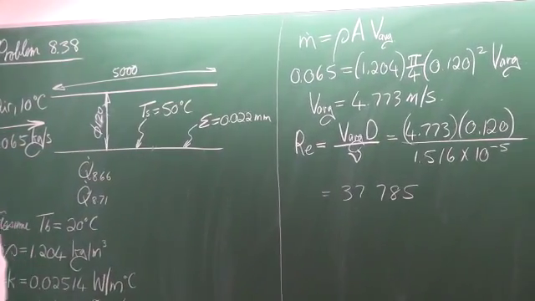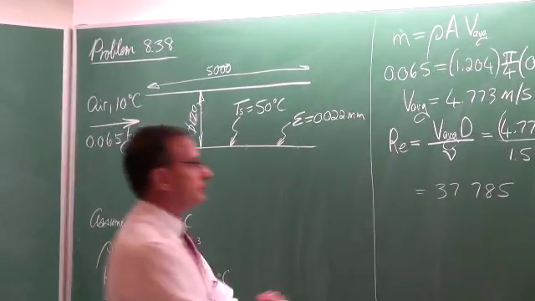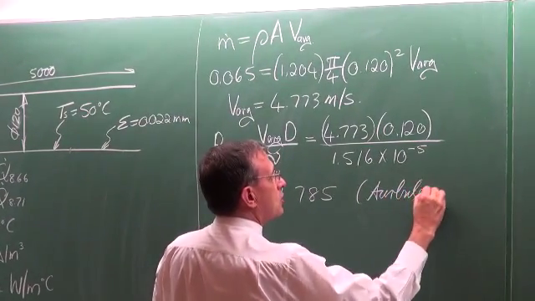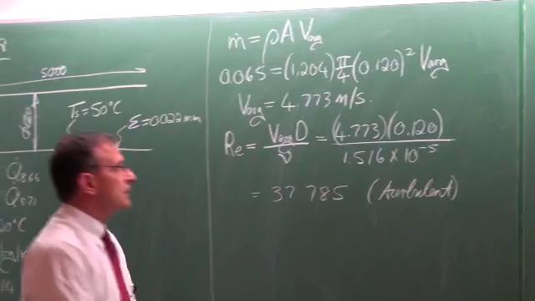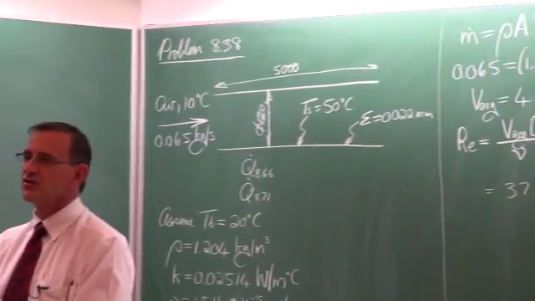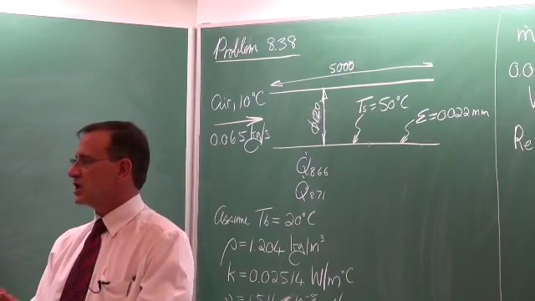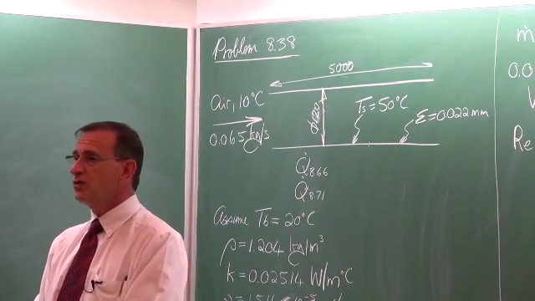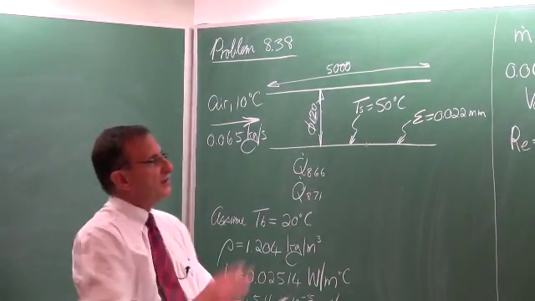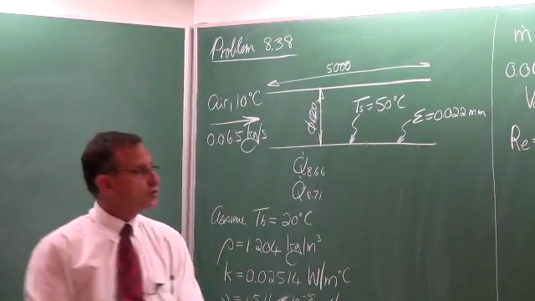Okay. So we have turbulent flow, because for a tube, the flow changes from laminar to turbulent flow at about 2,300. We've got a section through which we've got transition flow up to maybe 10,000 or 30,000, but it is definitely more than that. So we've got turbulent flow.